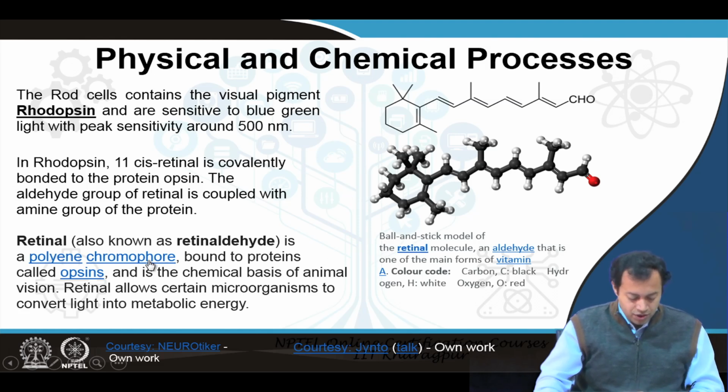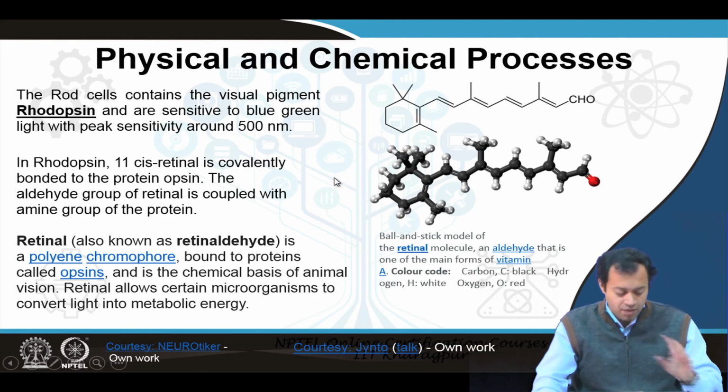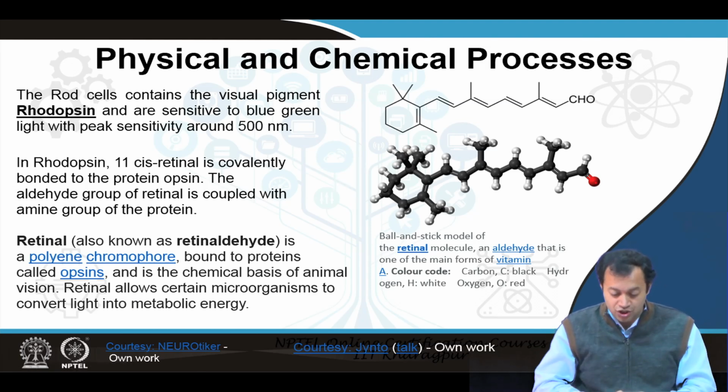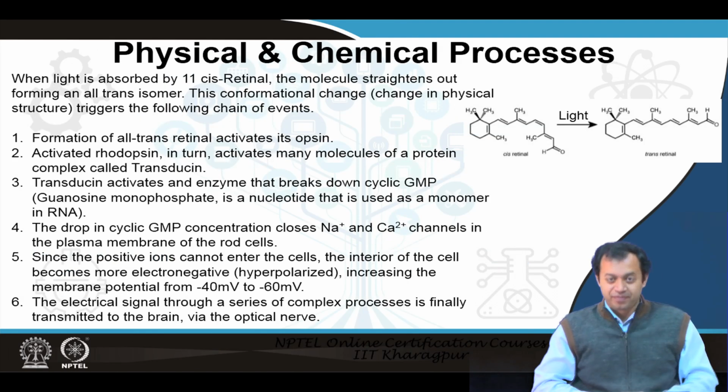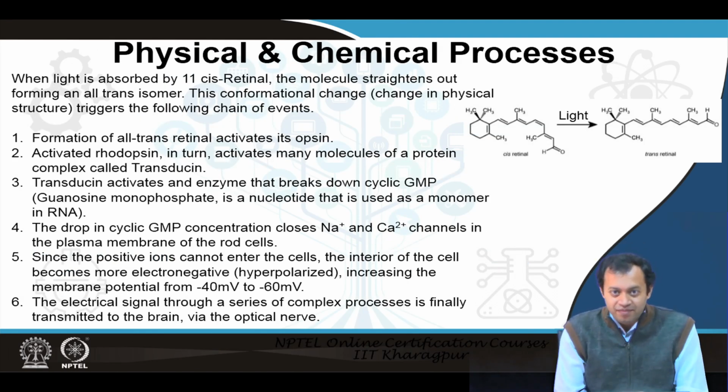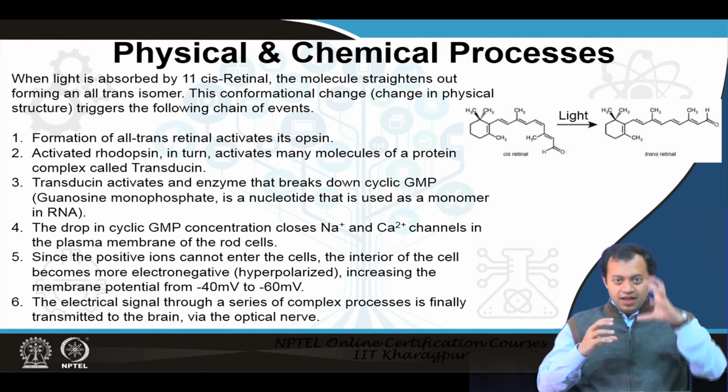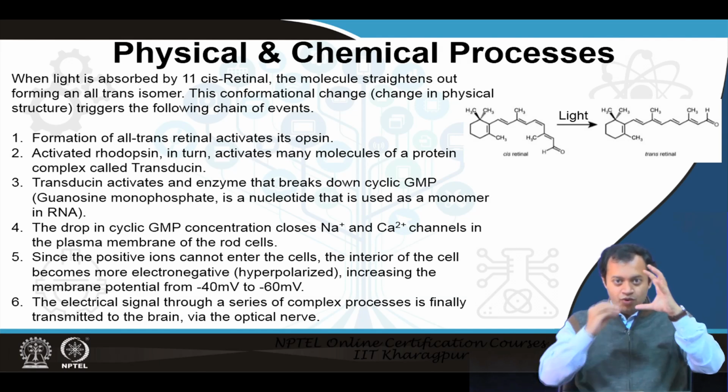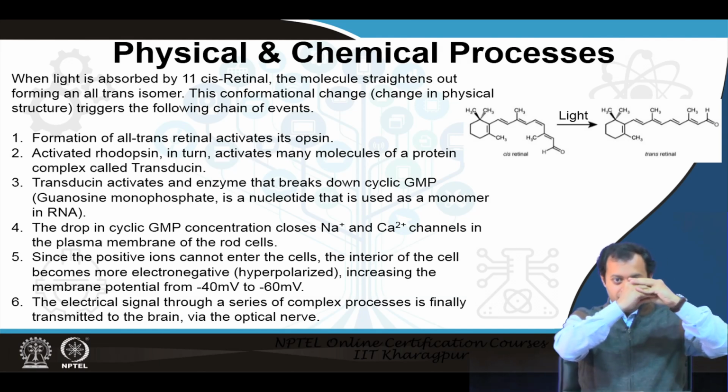This retinal forms the chemical basis of animal vision, but that is not the important part. I am itching, I am actually anxious to teach you the most important part of vision. So, ready? You have a retinal chromophore connected with the protein, right?